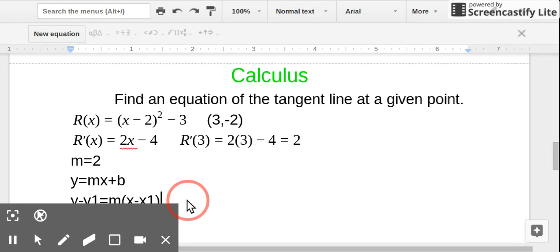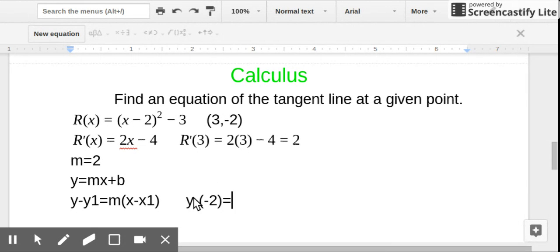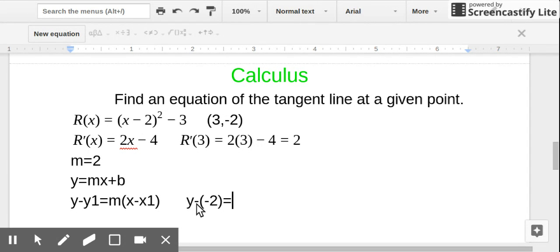So let's do this: y minus y1. That would be our negative 3, and notice I'm putting parentheses around this because of the minus sign out here.